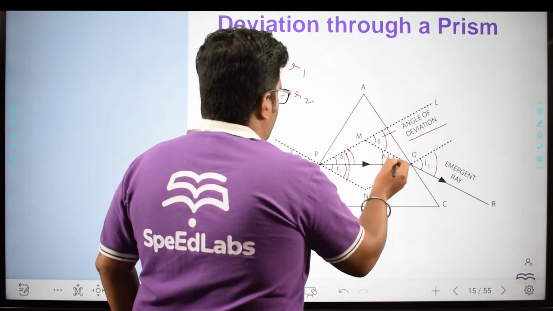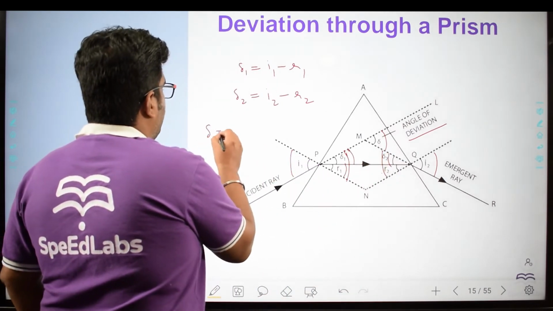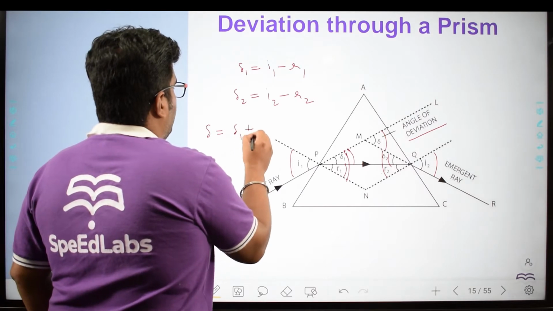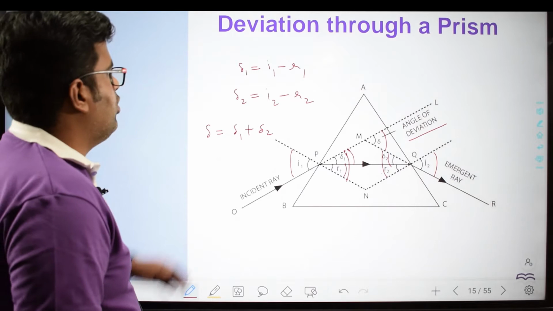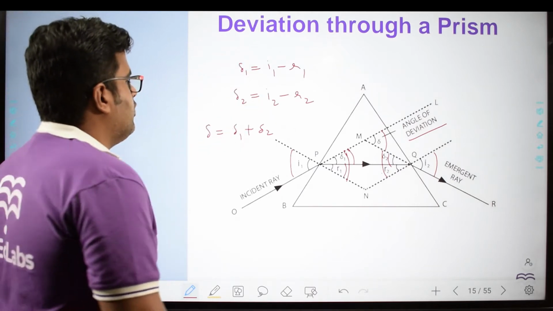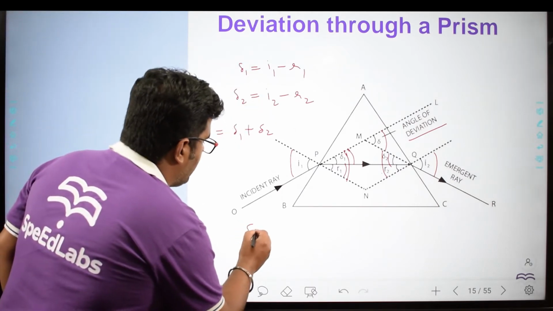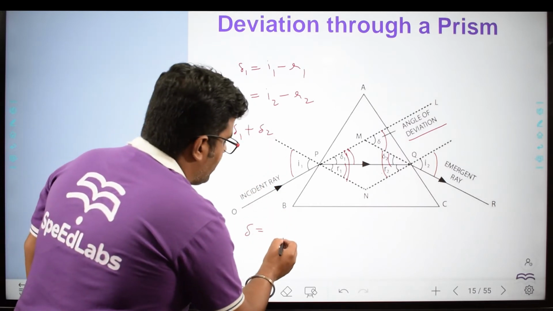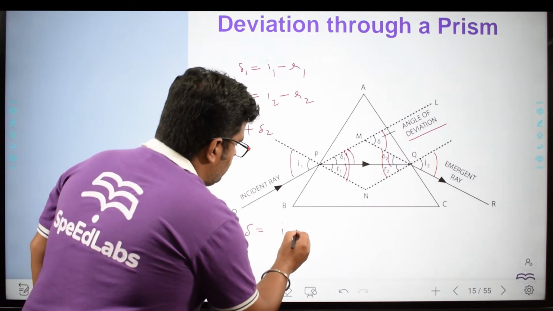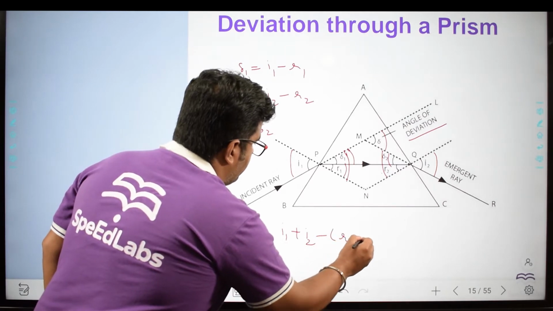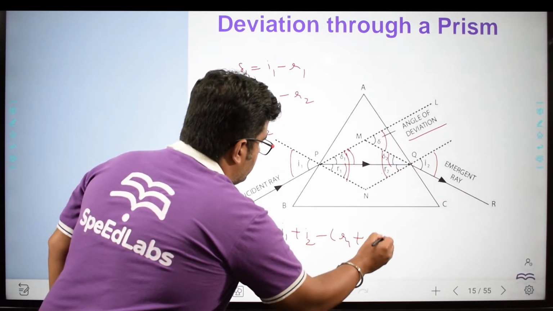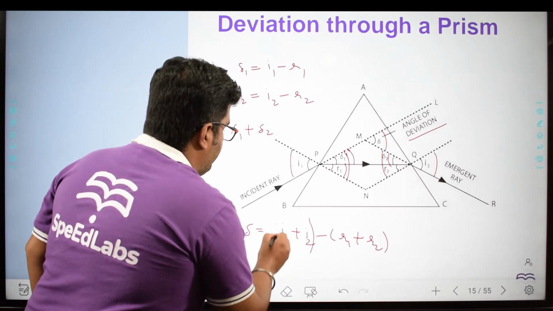So delta is equal to delta 1 plus delta 2. Putting these two values in the equation, we have delta as I1 plus I2 minus R1 plus R2. So this is basically your deviation.